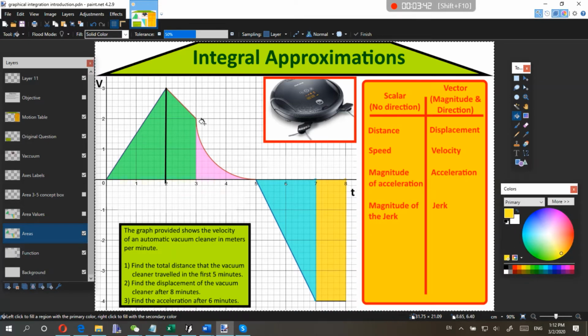Okay, I'm going to split this up into two separate areas. Let's do this triangle on the left side, still in green. What's the area?